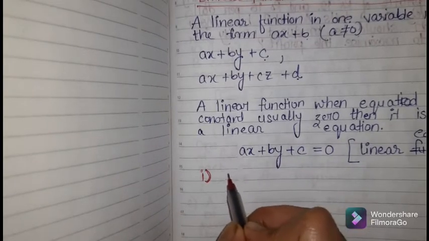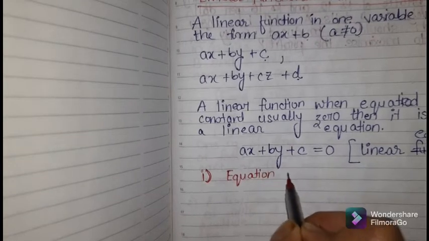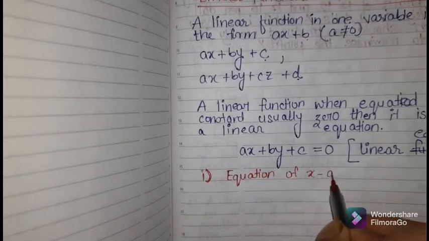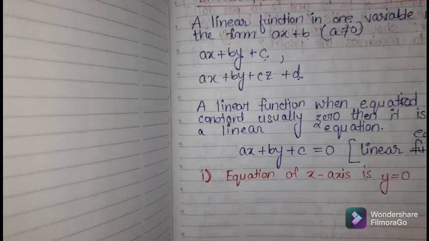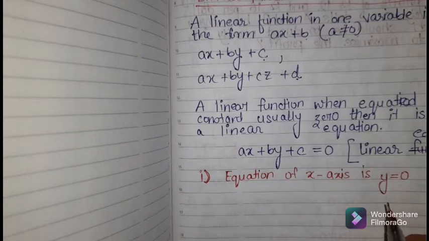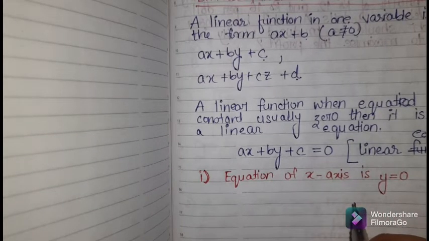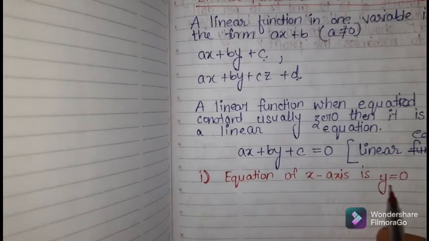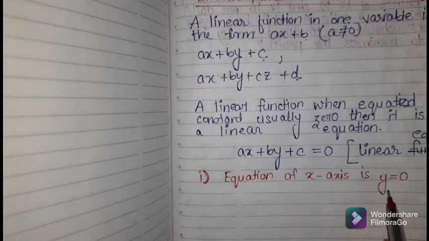what is the equation of the x-axis? The equation of the x-axis is y equals 0. Why is it the equation? Because on the x-axis the y coordinate is always 0.